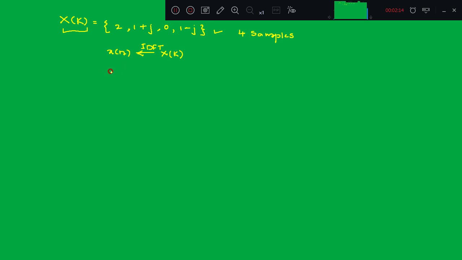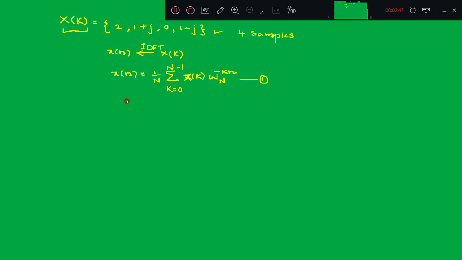The IDFT formula is given by x of n is equal to 1 divided by N summation k equal to 0 to N minus 1 X of k W_N raised to minus kn. Here there is a small change: instead of plus kn, it is minus kn.